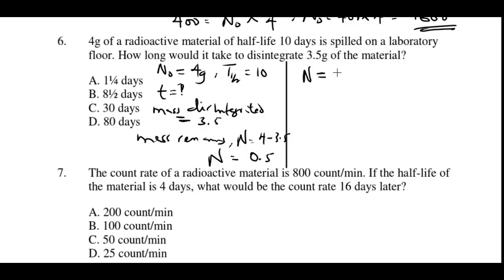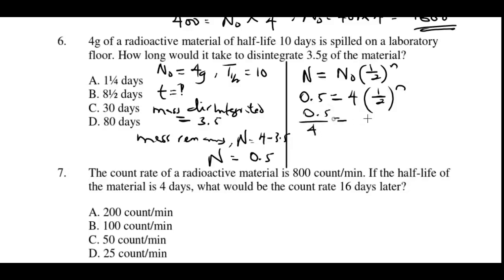So our formula remains N equals N naught times half to the power of n. Before we can find our T, let's find n. So 0.5 divided by 4 equals half to the power of n.